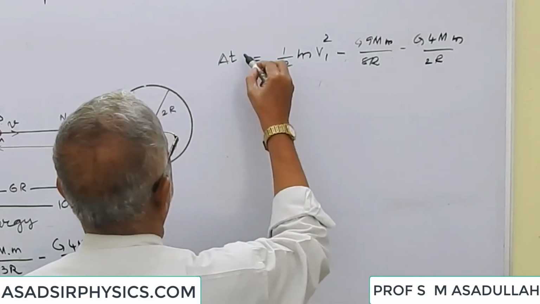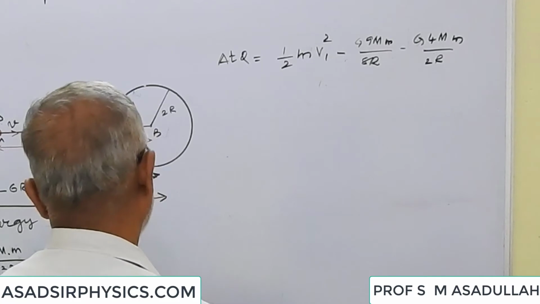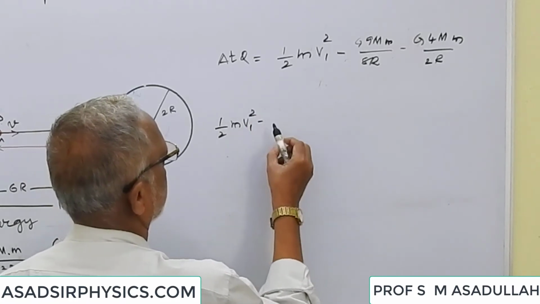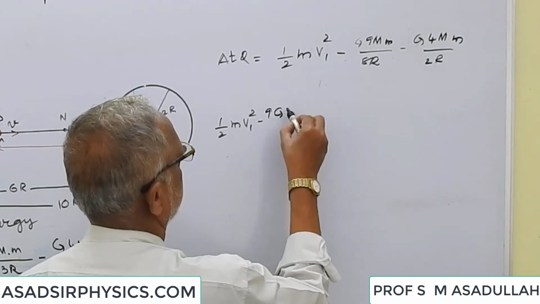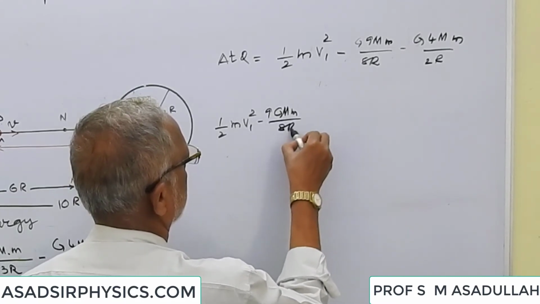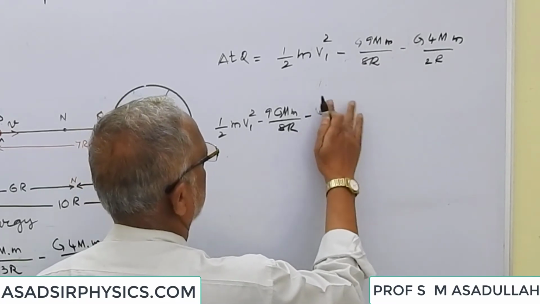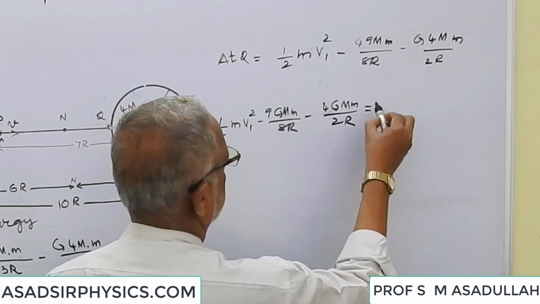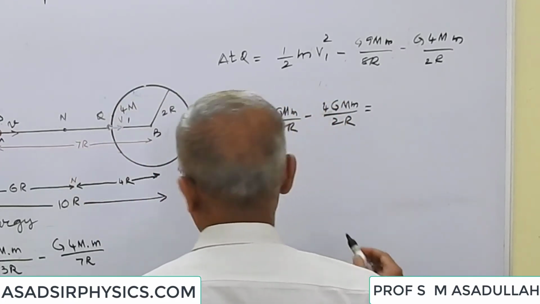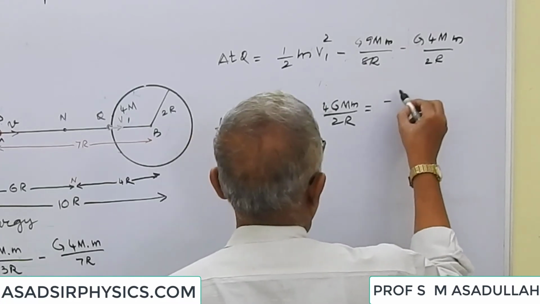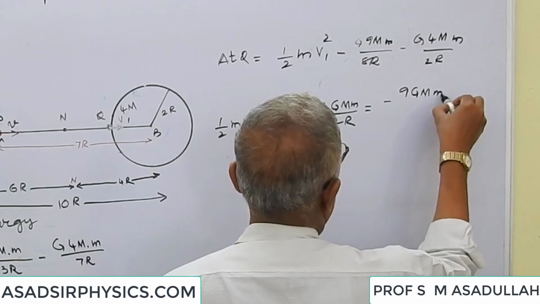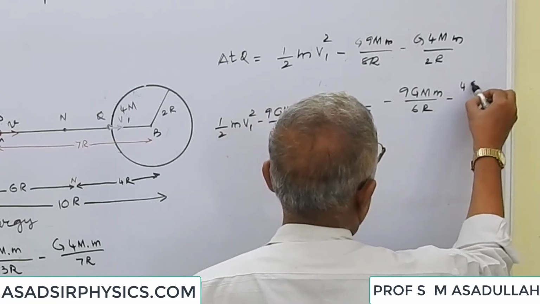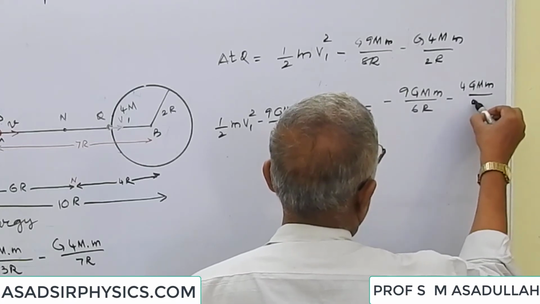Now we can equate the energy at Q with the energy at N. So half m v1 square minus 9GM by 8r minus 4GM by 2r, that's equal to minus 9GM by 6r minus 4GM by 4r.